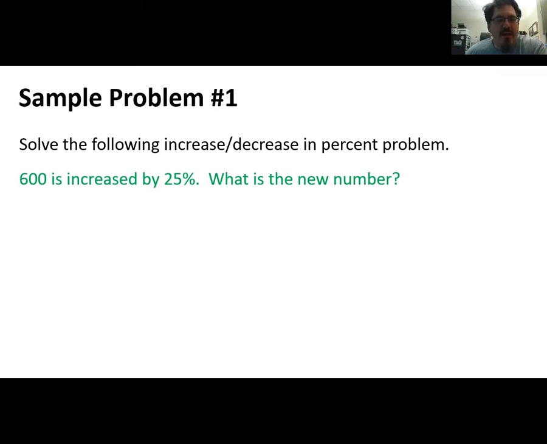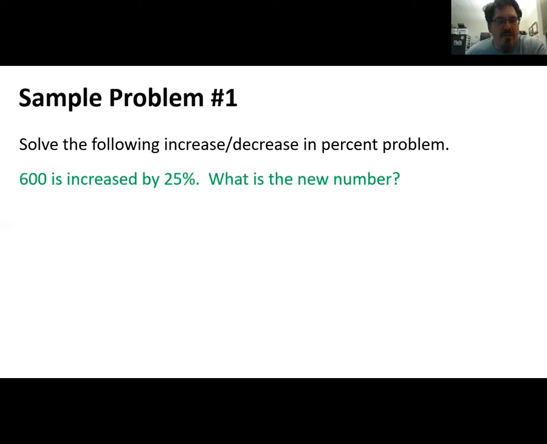The key to think about when you are working with increase or decrease in percent is that the original amount is represented by 100%. So if you're going to increase or decrease, we have to start with 100% and then either add or subtract to that value to figure out what percent we actually need to use in the problem when we do the math.